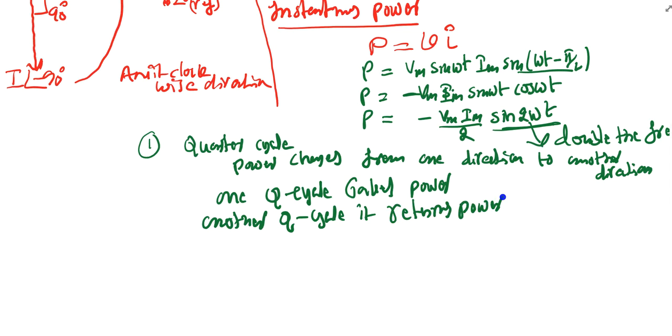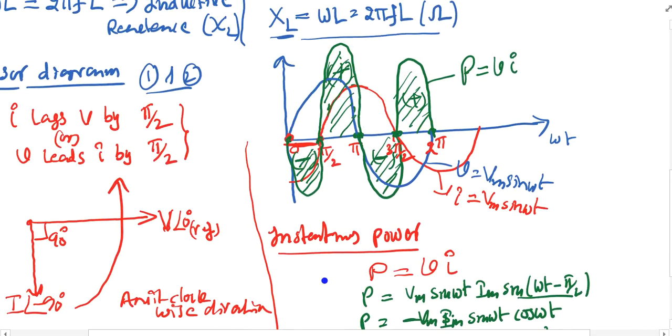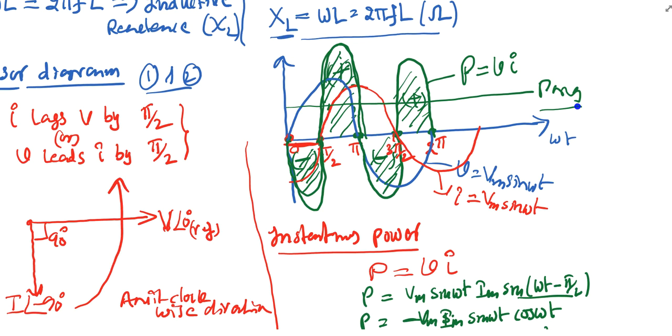Therefore, if you want to calculate the average power of this particular instantaneous power, because for one cycle it is going negative and for another it is positive, if you calculate the average power for this particular circuit, then I can say the average power is 0.